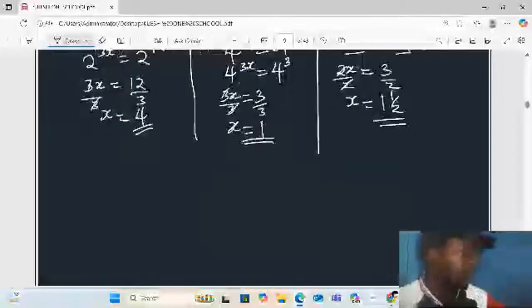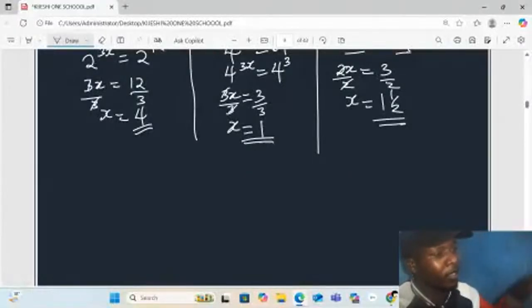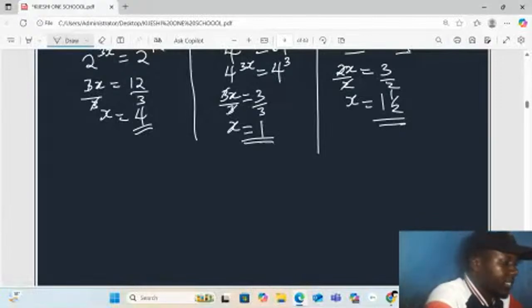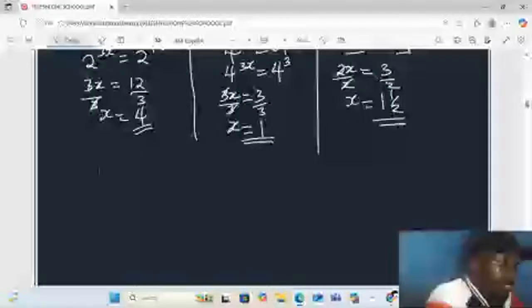Something else, what we call negative indices. We can look at negative indices.